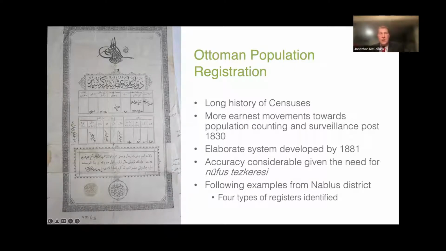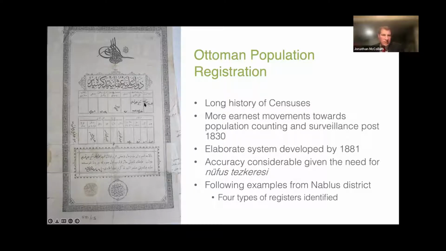What Ottomans in that day referred to as the Nüfus tezkerisi. It says the Devlete Aliye Osmaniye tezkerisi. This is an ID that was issued, a state ID, to everyone within the Ottoman Empire.